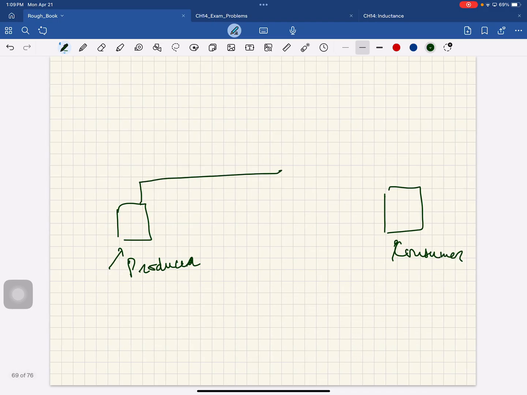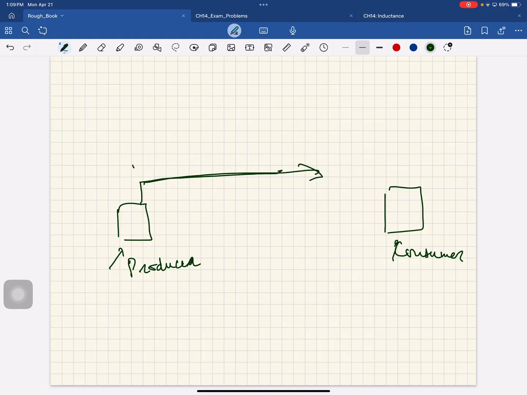So you have to transport electricity through wires. And the power lost is I squared R, this is the transmission wires, plus I squared times the load.